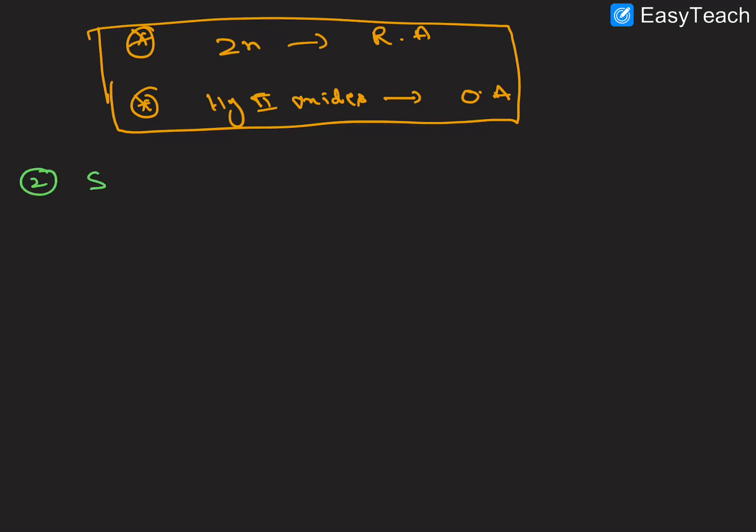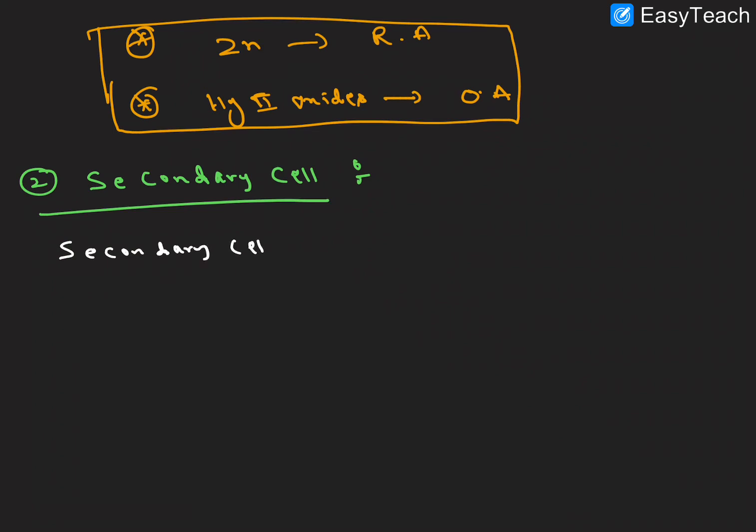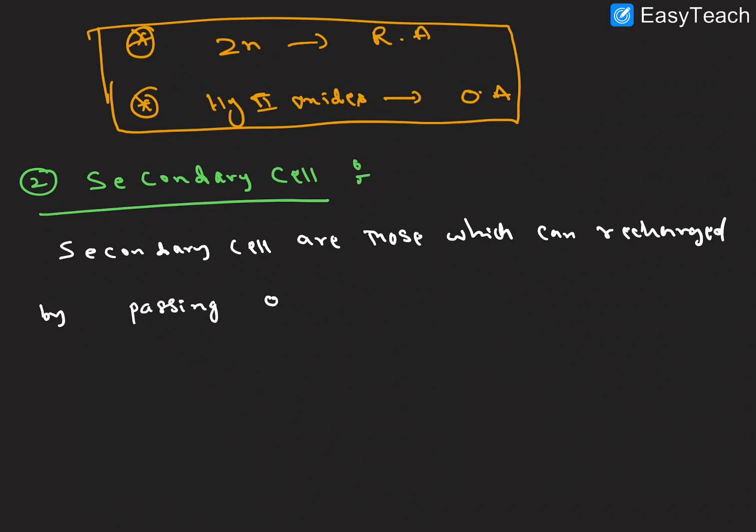Next one, second type of cell, secondary cell. Secondary cells are those which can be recharged by passing an electric current, right?